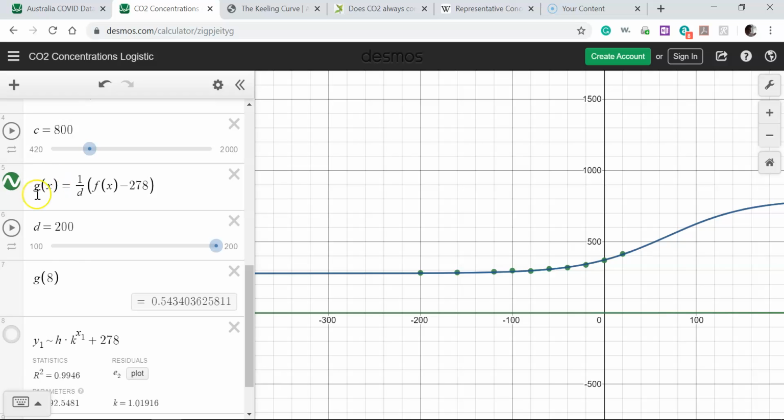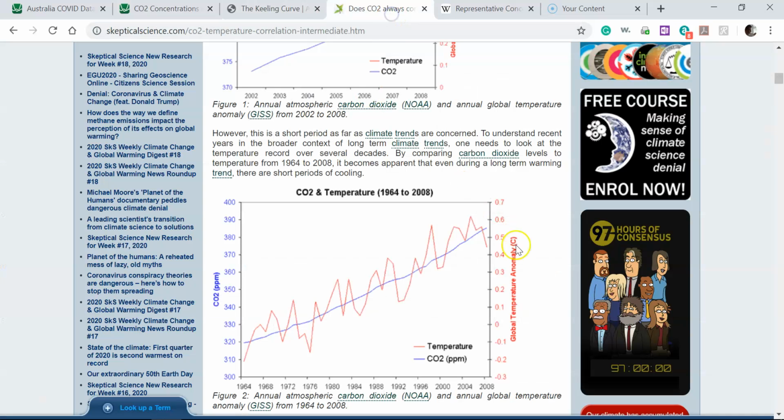And then this function would model what the temperature is. So, if it's 200 parts per million to increase 1 degree, then in 2008 we should have seen about a 0.54 degree anomaly above the baseline, above the zero. 2008 is actually pretty close to that, right? It gets up between 0.6 and 0.4.